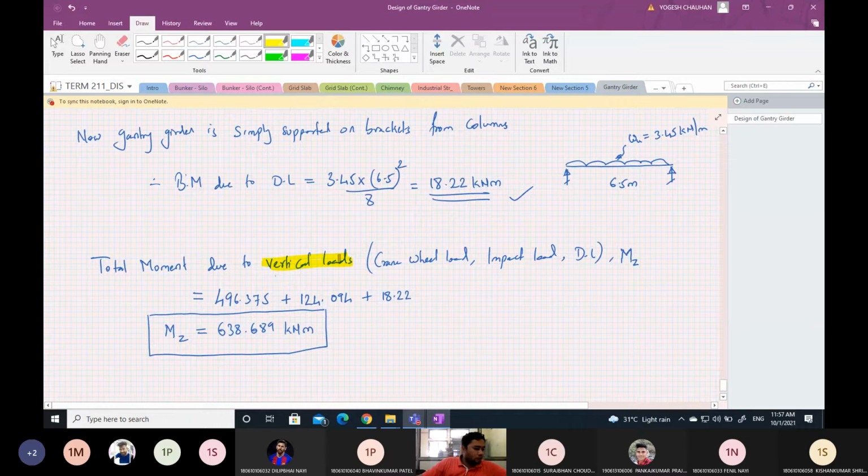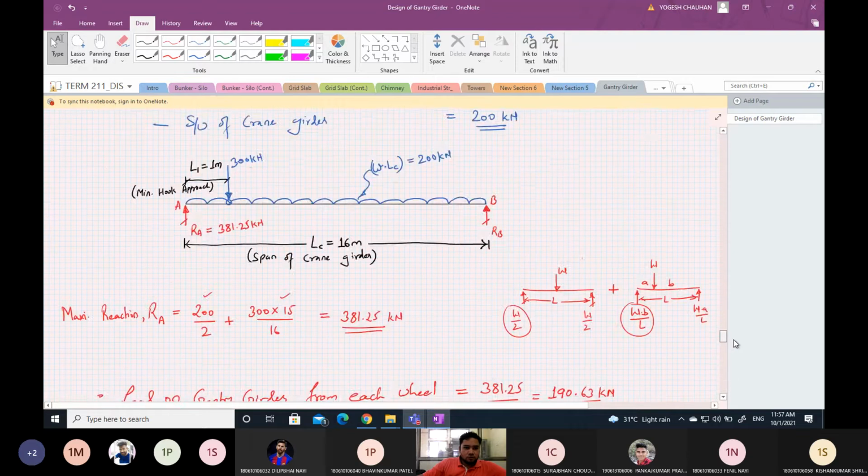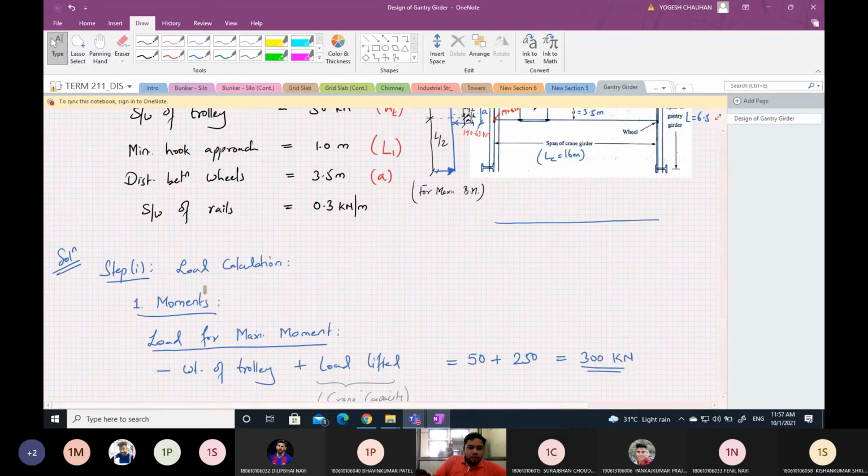Now the moment due to the horizontal load. So this moment is due to vertical loads.